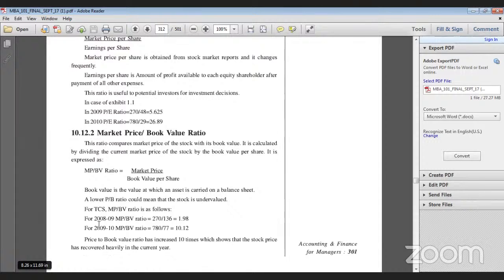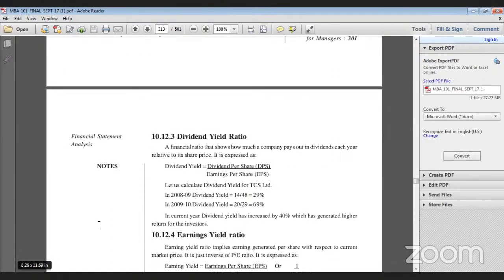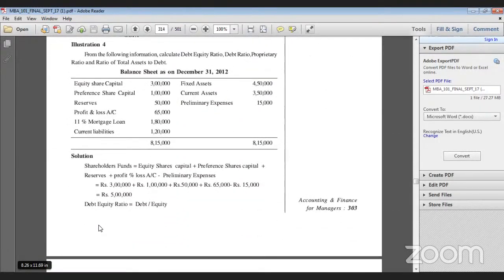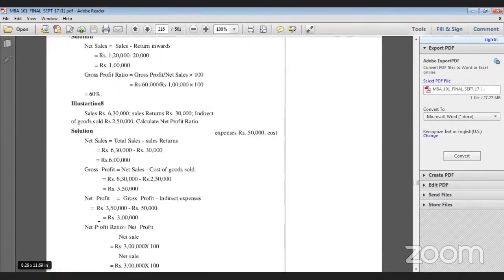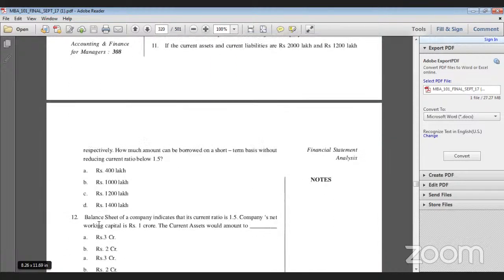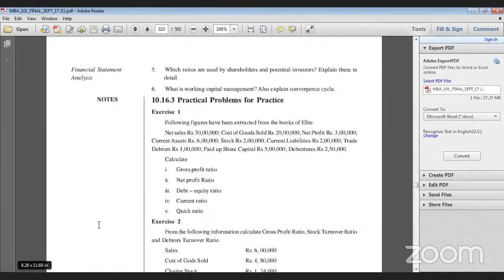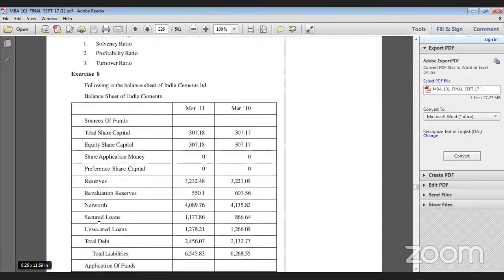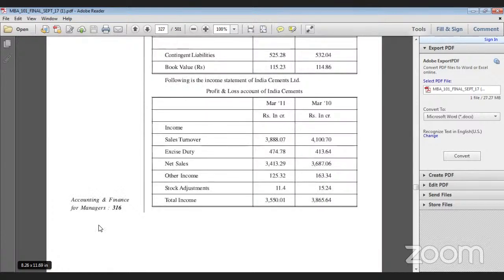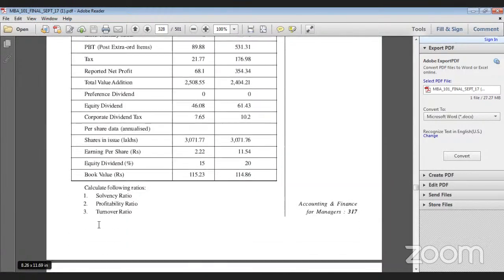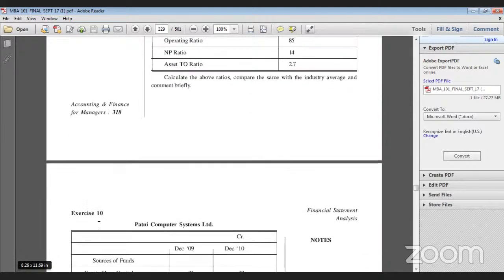You can just read it and very carefully calculate them in your examination. They have given various exercises.